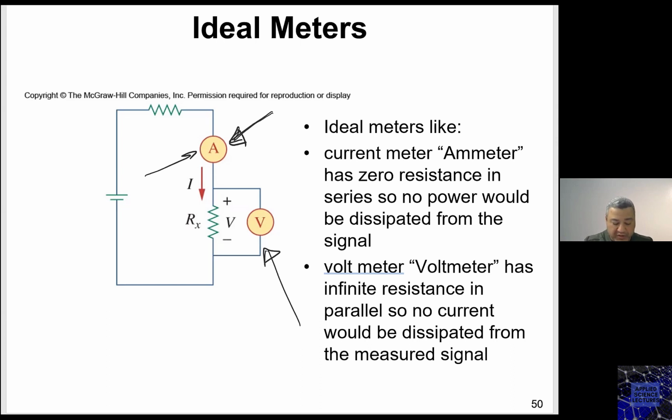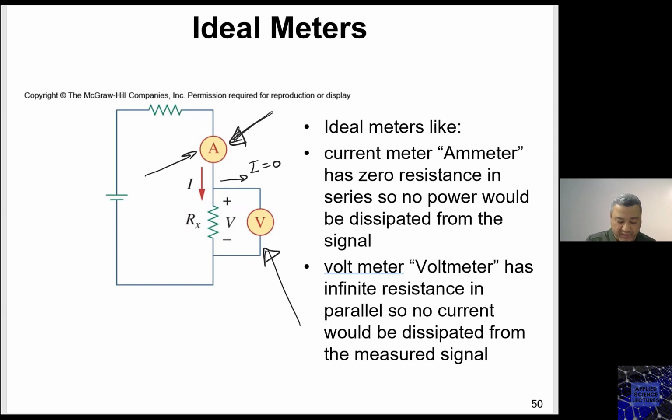Now for the voltmeter, as you can see, this voltmeter will have an infinite resistance such that the current withdrawn from my circuit is zero. So my voltmeter does not withdraw any current from my circuit.